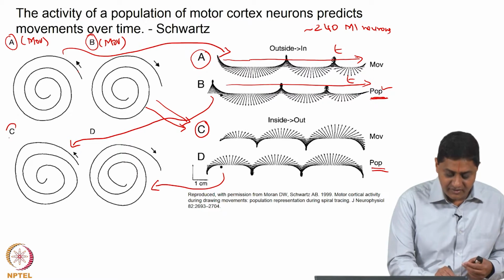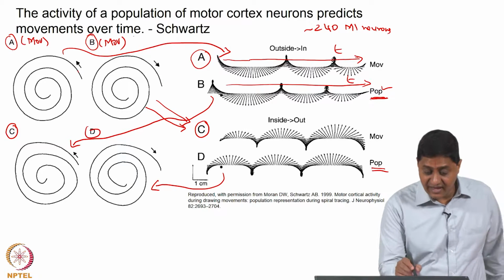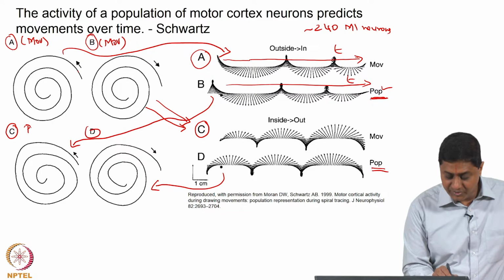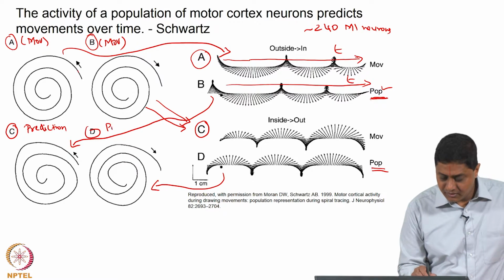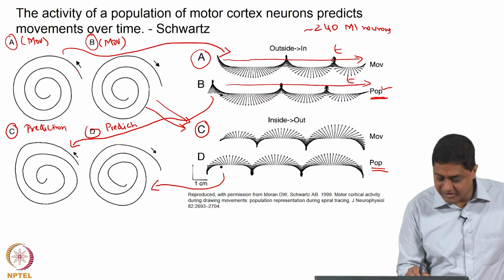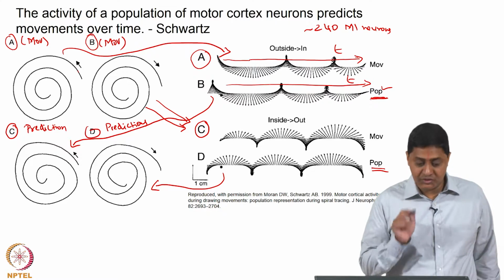Those are given in C and D. So, this is the actual movement, this is the prediction. C and D are predictions, A and B are actual trajectories.